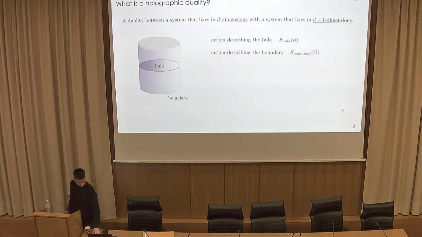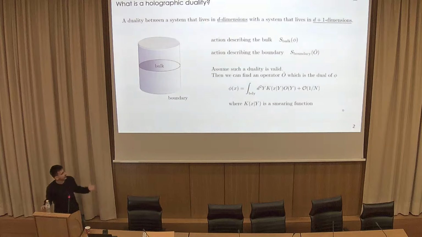Let's say that the theory in the bulk is described by some operators phi, and the theory on the boundary by some operators O. Then if there is such a duality, we should be able to find a connection between the operators of the one theory and the other.